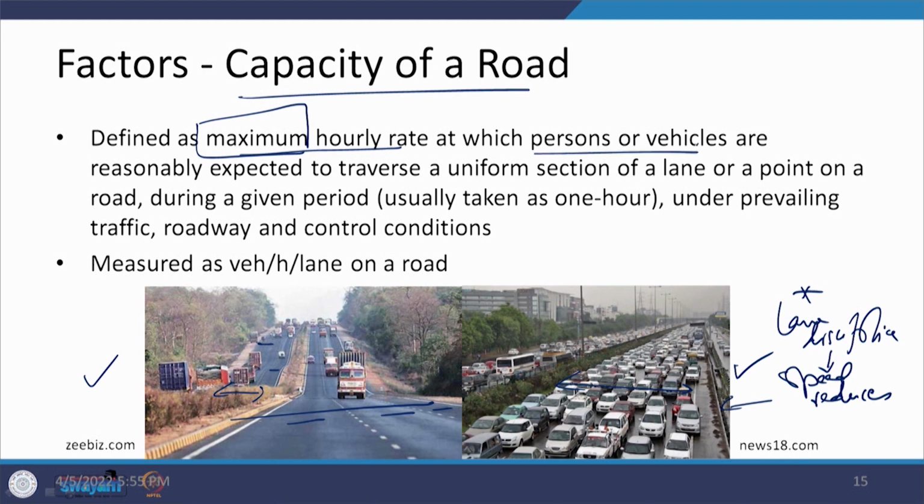So, when you say persons or vehicles, it means it is talking about all types of vehicles, as well as the pedestrians, the passengers, the drivers; everybody is being considered here. They are reasonably expected. Why reasonably expected?